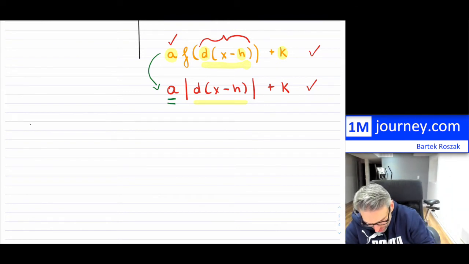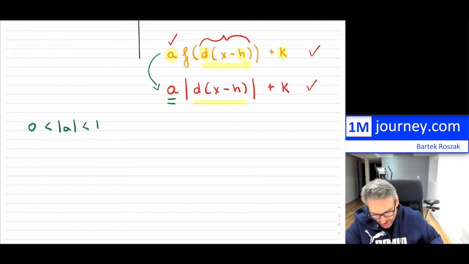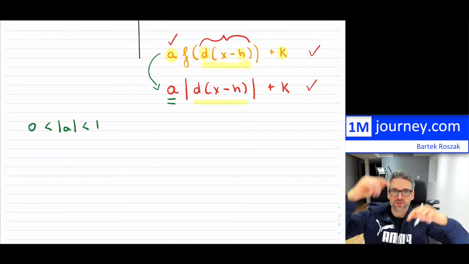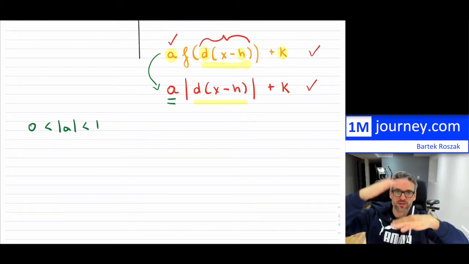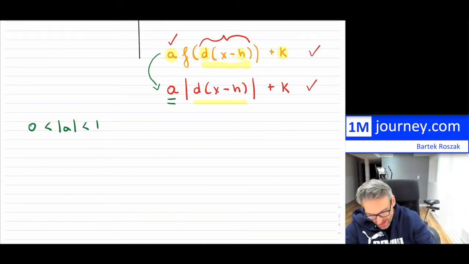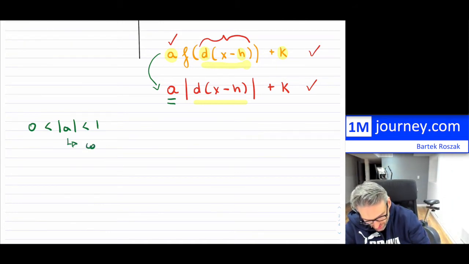Well, notice the absolute value of A is between 0 and 1. In this case, you're going to have a compression in the y. Our parent function, which is just this V, starts to compress down. So it'll look like it's being compressed down. So that's the first thing: there's a compression in the y.